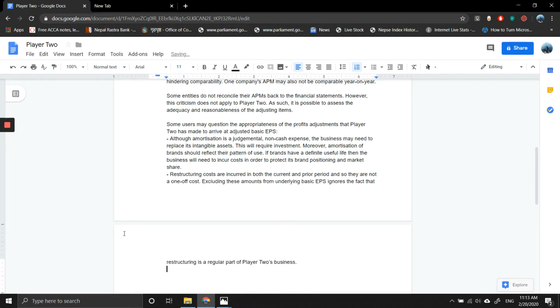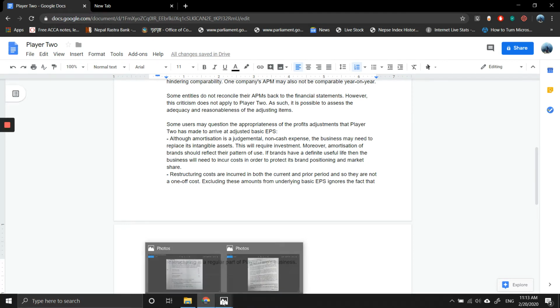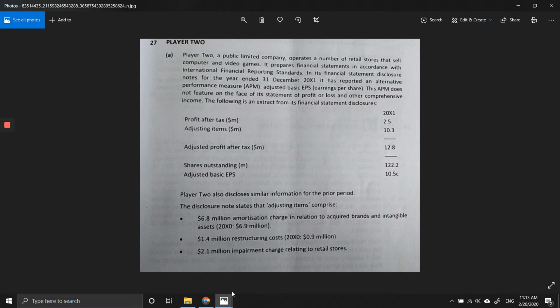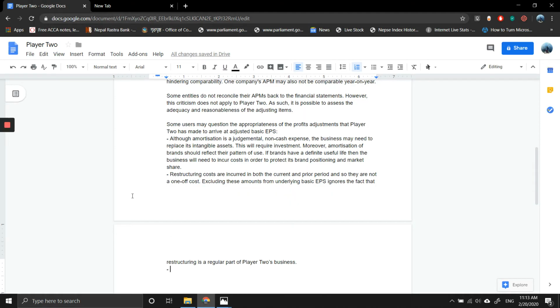Right? They have been occurring every time. Next is impairment charge, isn't it? Impairment charge relating to stores, right?